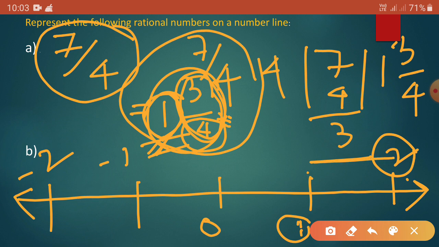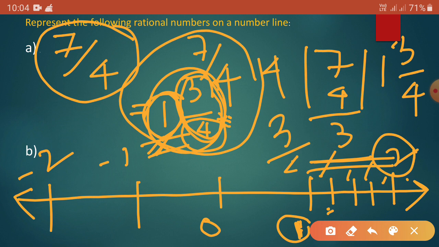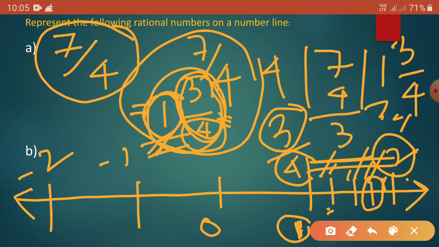We divide this segment into 4 equal parts, 1, 2, 3, 4, and we need 3 by 4, that means we take 3 out of 4. So we take 1, 2 and 3. This line tells us it is 3 by 4. Okay, complete.